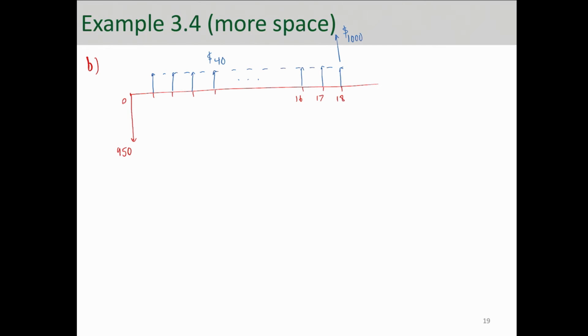So the present worth, or net present worth, of this investment is negative $950 plus $40 times P given A at some percentage, i star, 18 periods, plus $1,000 times P given F, again some i star, 18 periods.